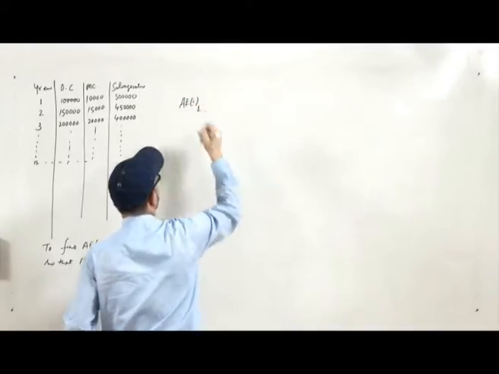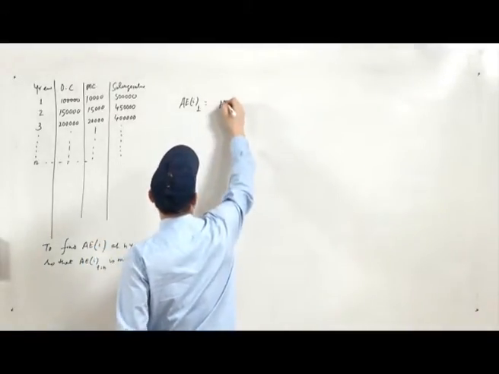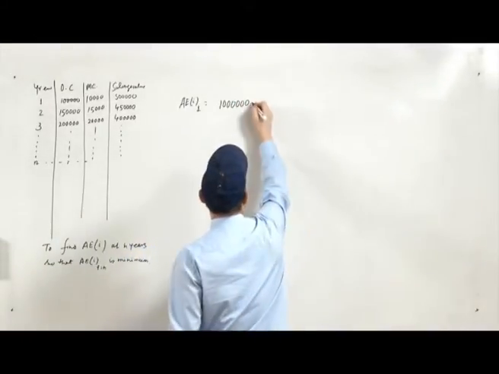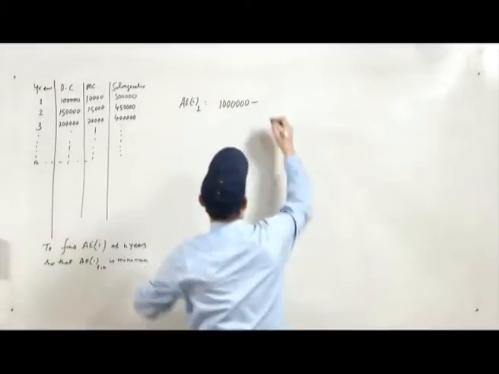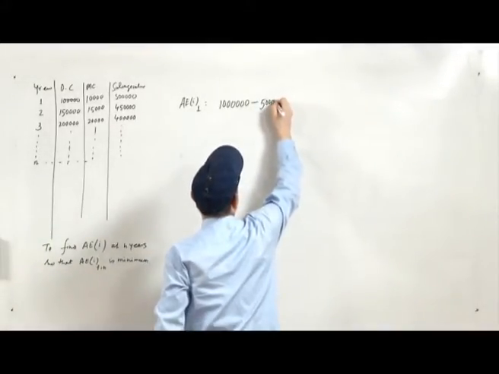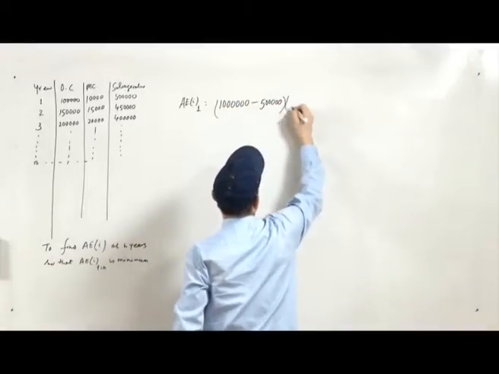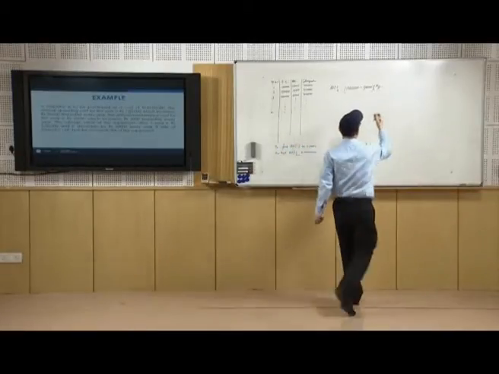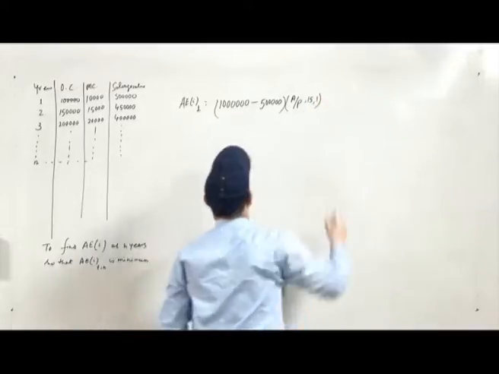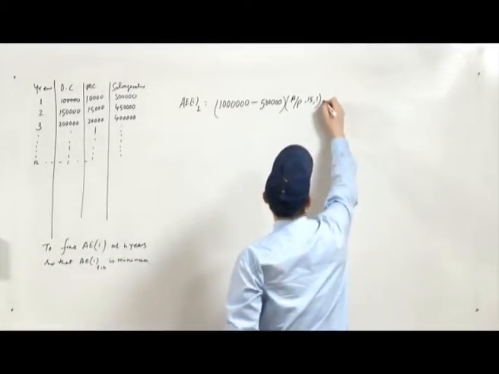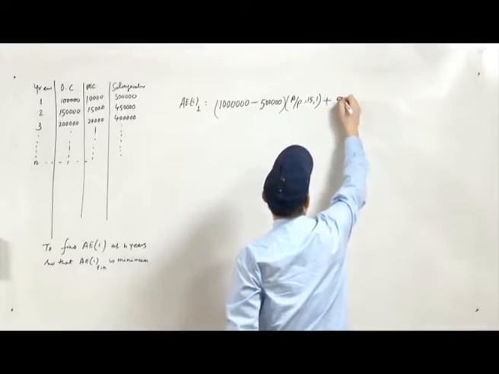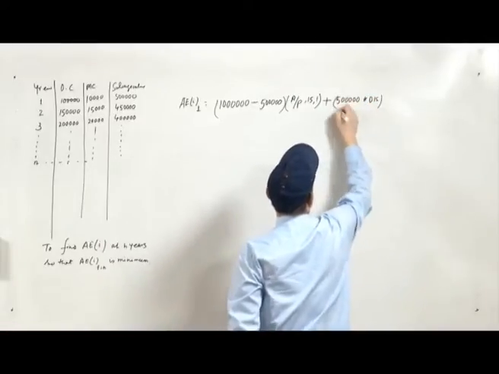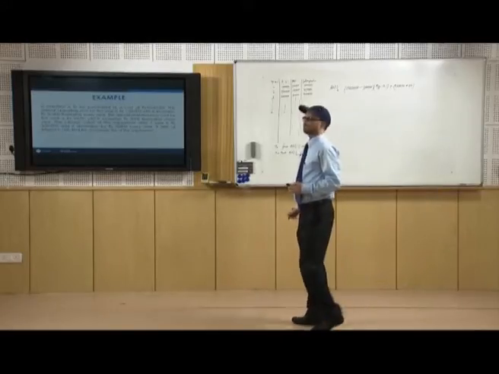If we use it for 1 year, the first cost is 10 lakh minus the salvage value during the first year, 5 lakh, times A by P, i, n. Here i is the rate of interest, 15%, plus 5 lakh multiplied by 0.15. This is the capital recovery with return part.